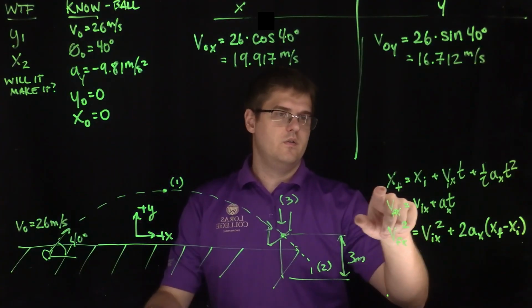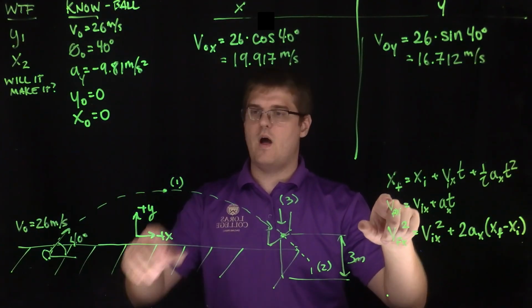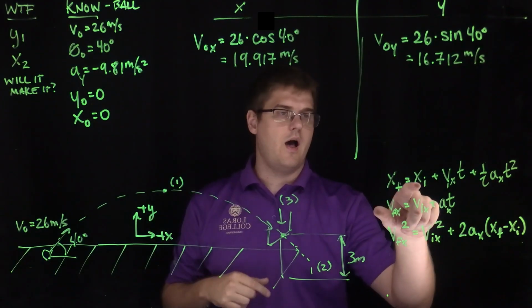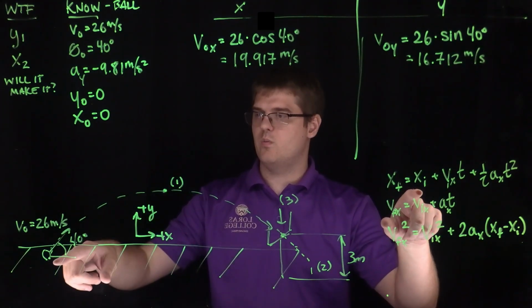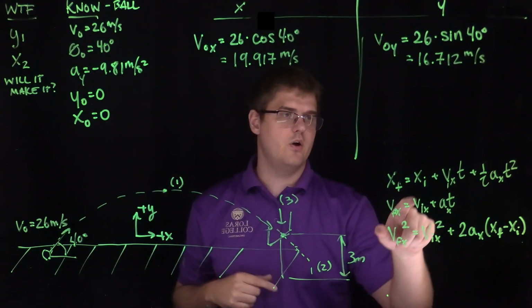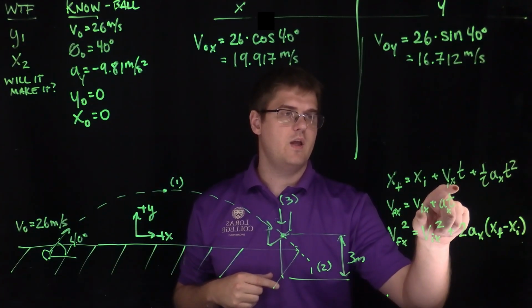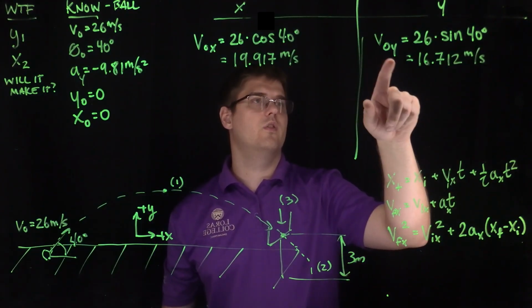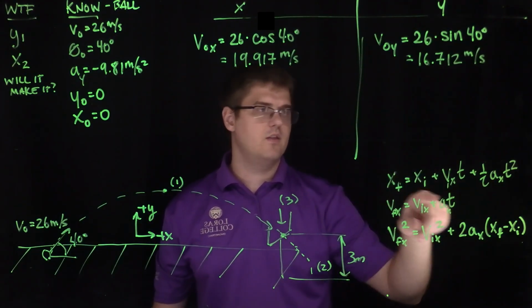So y final, we want the height at 1. That is what we're solving for. Y1, that's y0, which we know is 0. We're starting on the ground. We have velocity y initial, which we have right there.